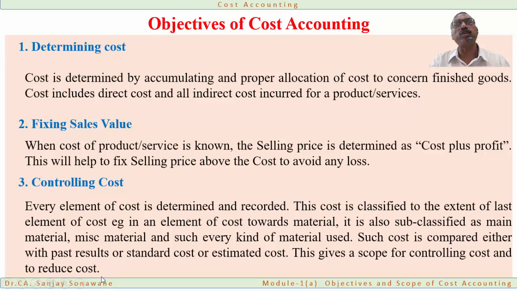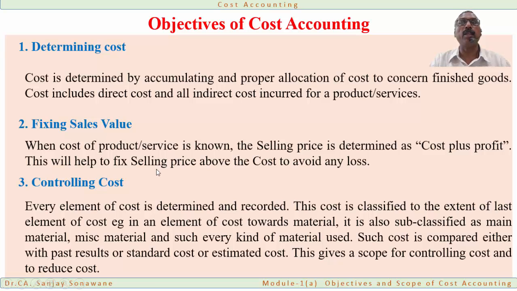So how can these objectives be summarized here? First one is we have to determine the cost. When you study the classification of cost and then presentation of cost, this part will be more clear, but the main objective is to find out the cost of the product. Once we determine the cost of the product, then the selling price can be fixed very easily. And obviously the selling price will be more than the cost price.